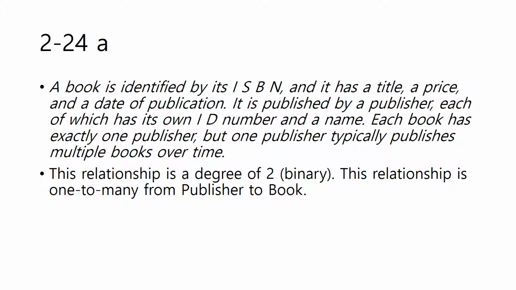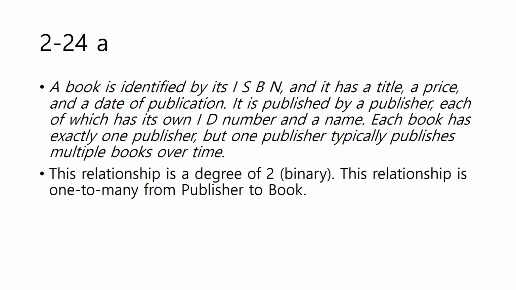Problem A. A book is identified by its ISBN and it has a title, a price, and the date of publication. It is published by a publisher, each of which has its own ID number and a name.